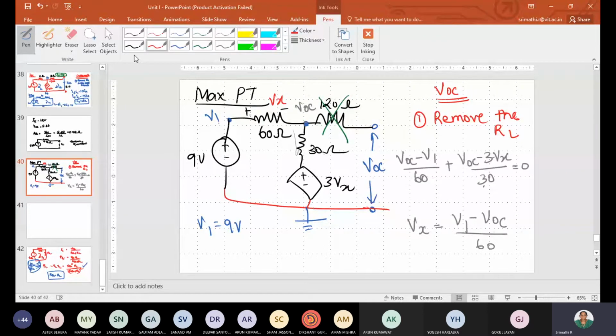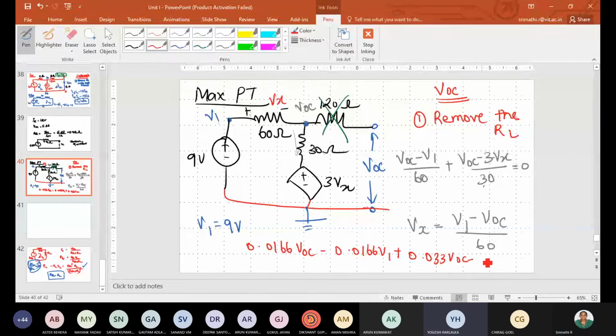It is 1 by 60, 1 divided by 60, this point 0166 minus 0166 V1 plus. Ma'am, 2.79. It is how much? 3, yeah, almost. Any answers of 3? Ma'am, 3.19. Everybody is getting one answer.